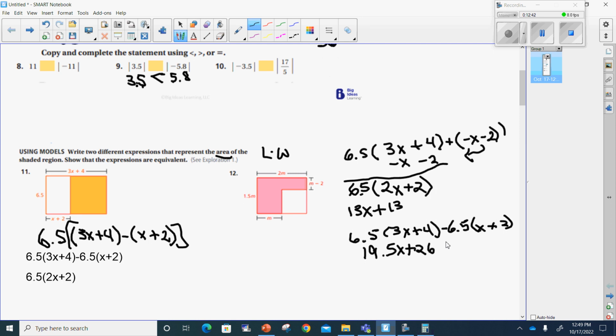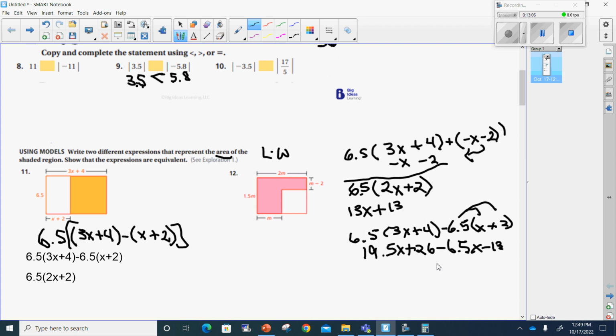All right, and over here I'd have to multiply this number to everything inside of here. So this would be a negative 6.5x minus 13.